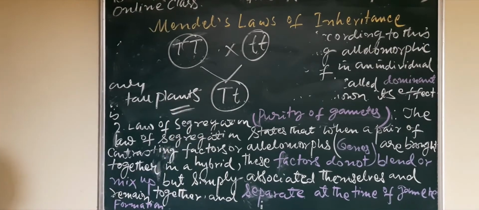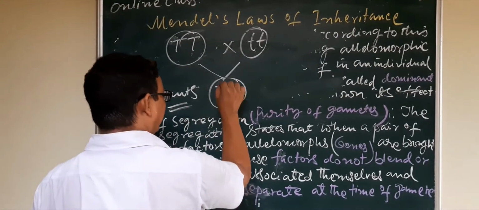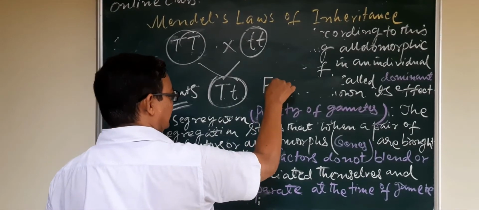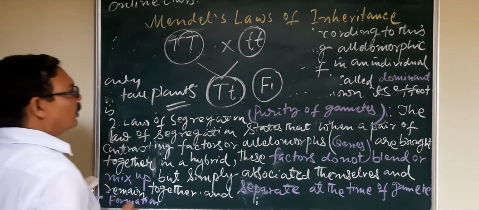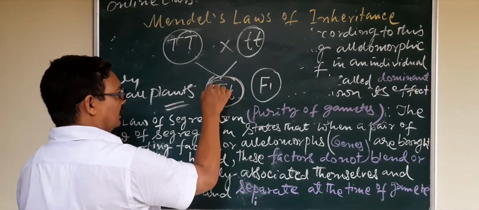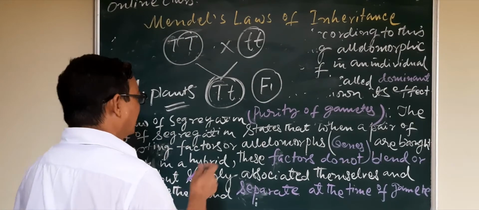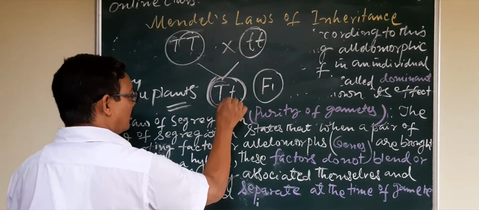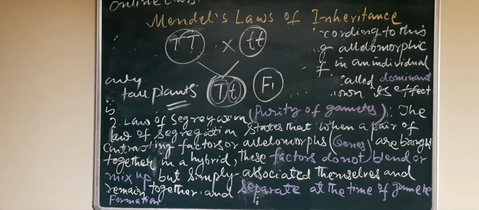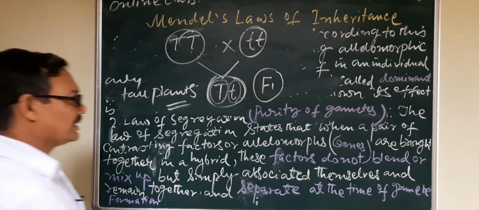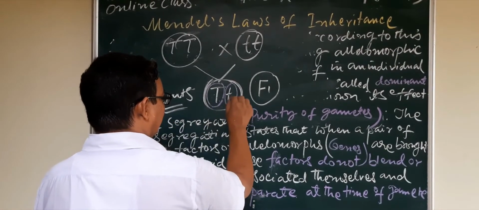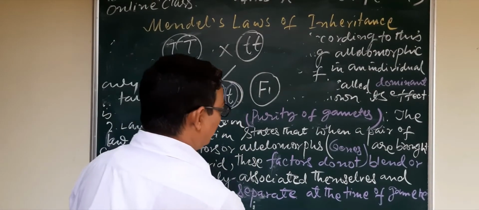That means, although in this F1 generation both the factors, the alleles for tallness and for dwarfness, are present, only one is able to express itself and the other is not effective. That is why it is the law of dominance.